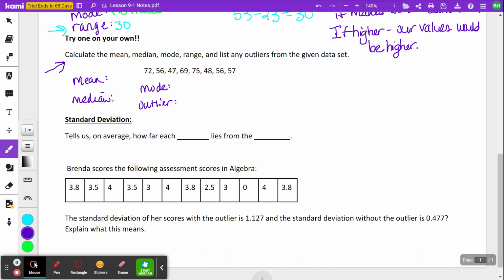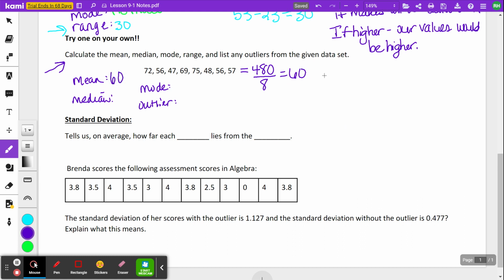I left my key at school, so adding them all up here, I got 480. And then I'm going to divide by 1, 2, 3, 4, 5, 6, 7, 8 again. So 480 divided by 8 gives me 60 as my mean.